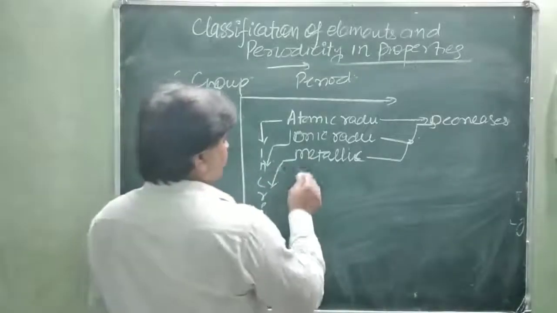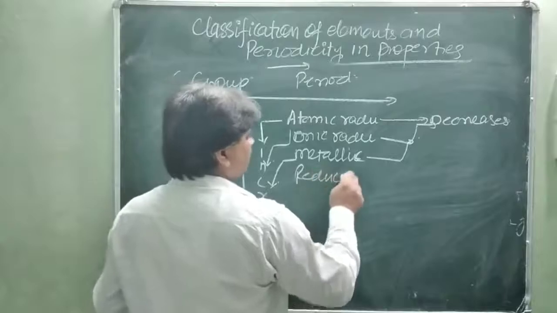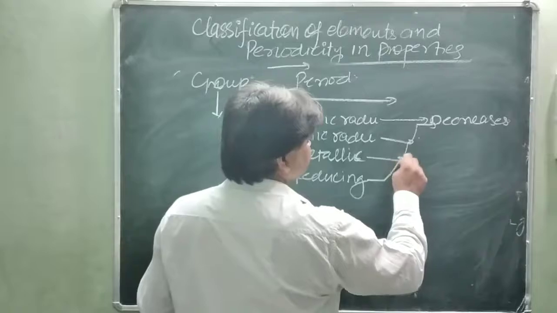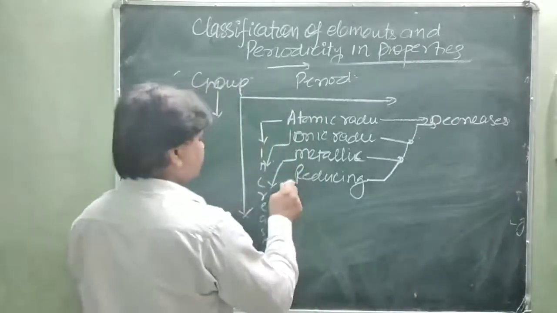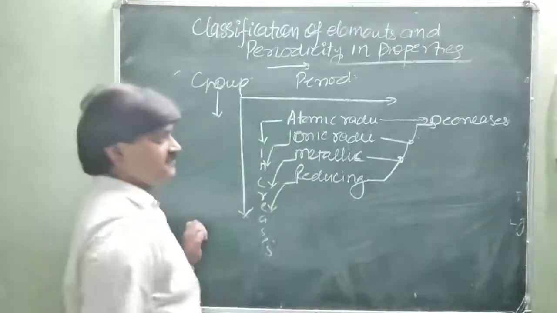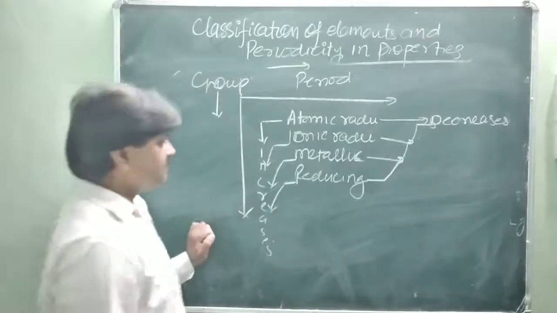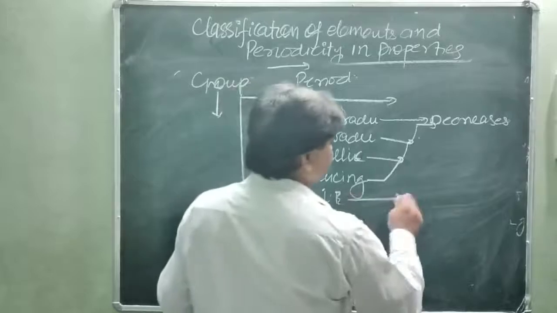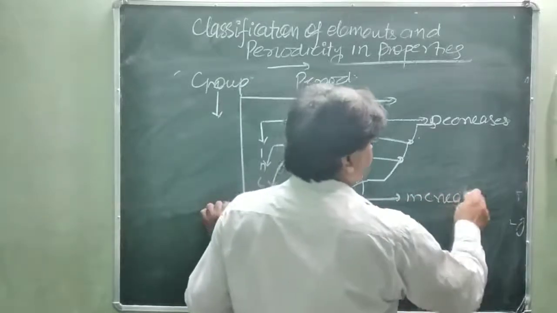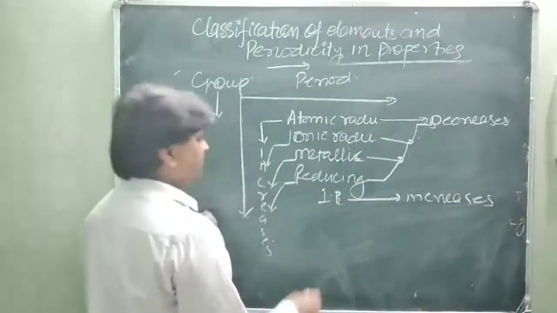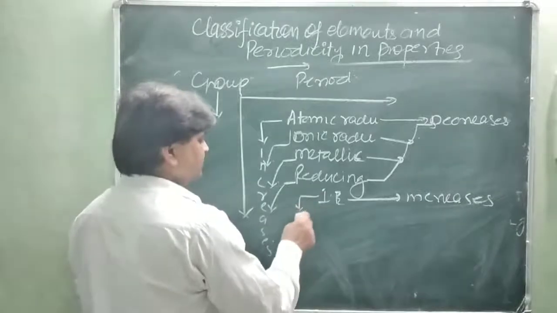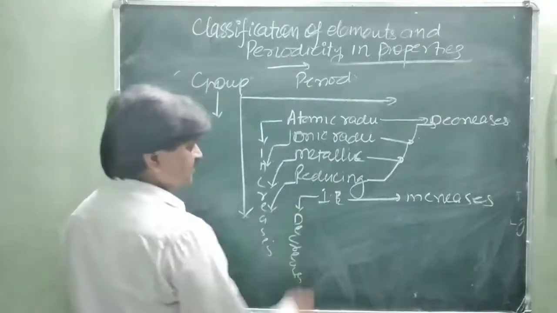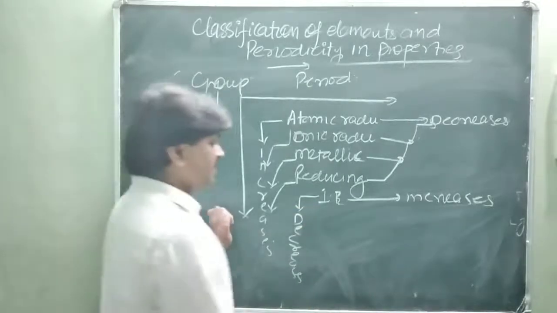And reducing character also decreases left to right across the period and increases top to bottom within the group. Similarly, ionization enthalpy increases left to right across the period and decreases top to bottom within the group.